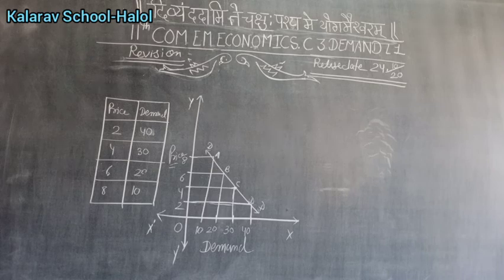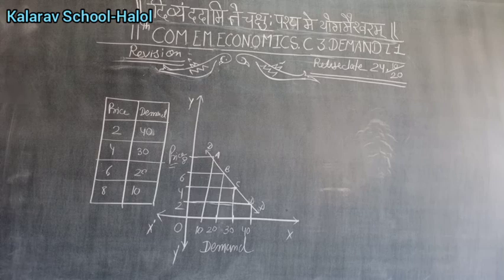Perfectly elastic demand: when there is an infinite change in demand because of a negligible change in price. Perfectly inelastic demand: when price changes by any amount but there is no change in demand, such demand is called perfectly inelastic demand.